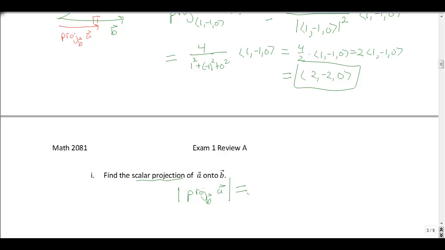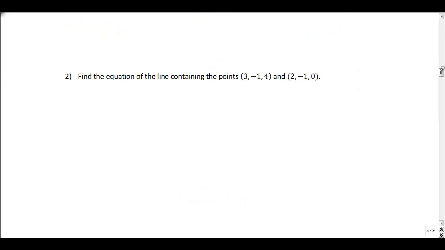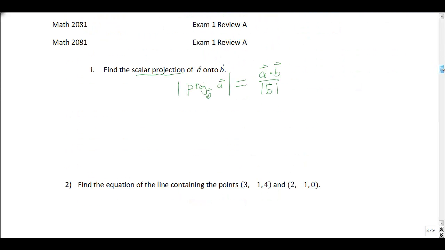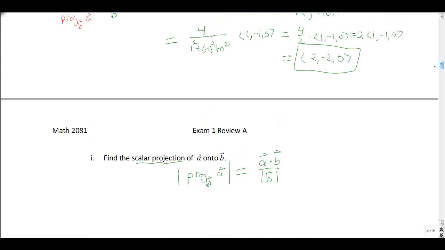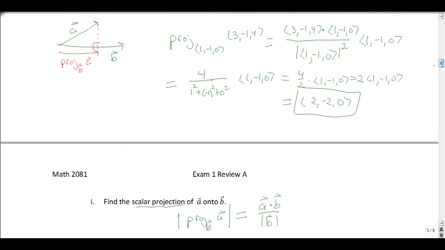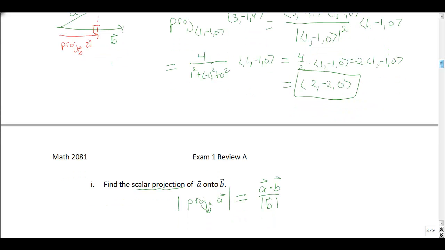Another calculation here is you could say this is A dot B divided by the magnitude of B. Note, not squared like we did up here, but we just have one B there. Essentially, we're using the other B to change this, oops, sorry, the other magnitude of 1, -1, 0. Take this minus one of those to get a unit vector here. And we need an absolute value of A dot B as well, because A dot B could be negative.